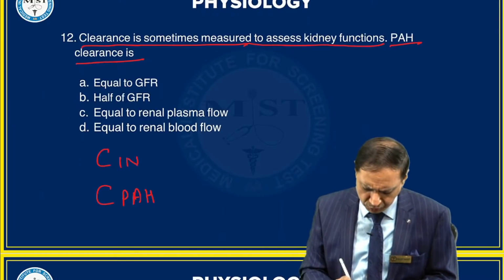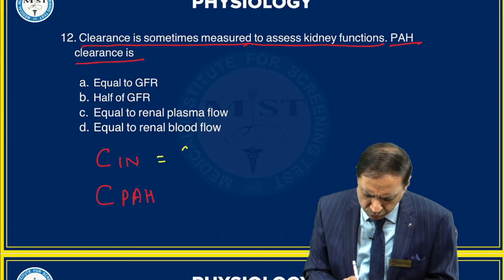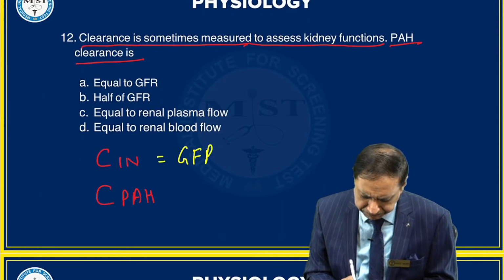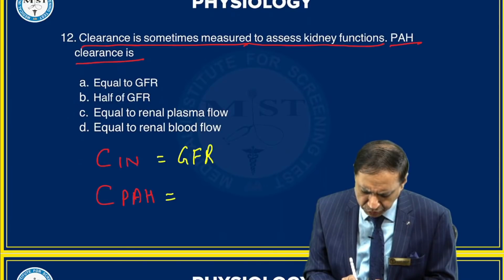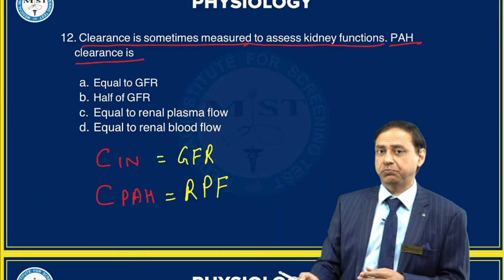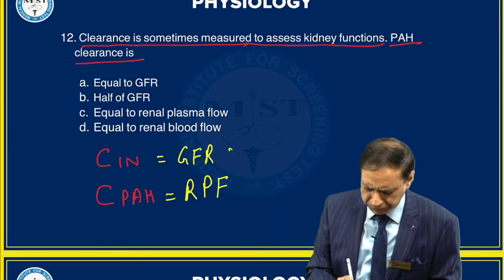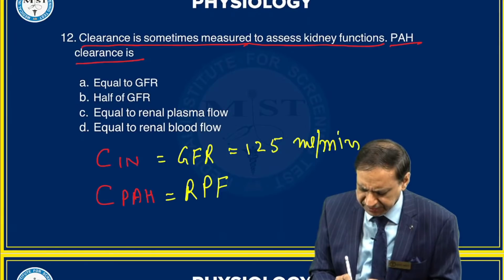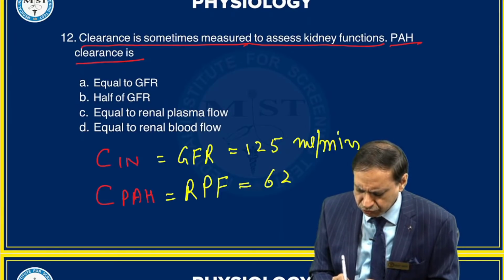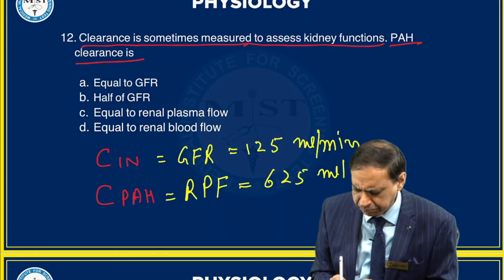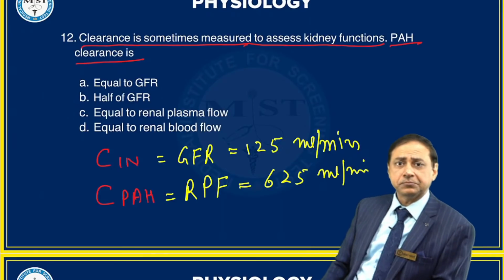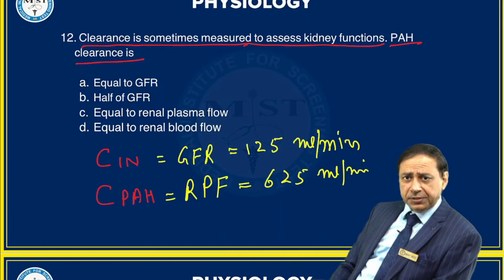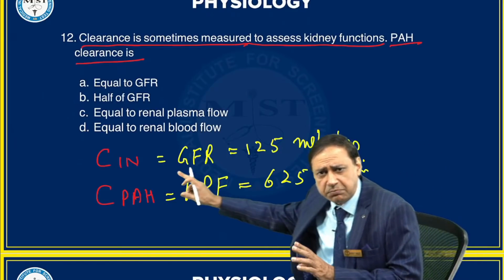Inulin clearance is equal to GFR and para-amino hippuric acid clearance is equal to renal plasma flow. This is equal to 125 ml per minute and this is equal to 625 ml per minute. Even if you don't understand, just mug up these two things.